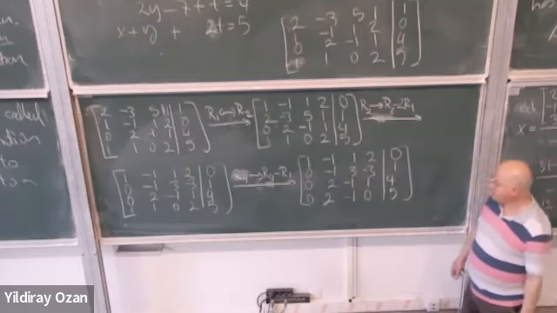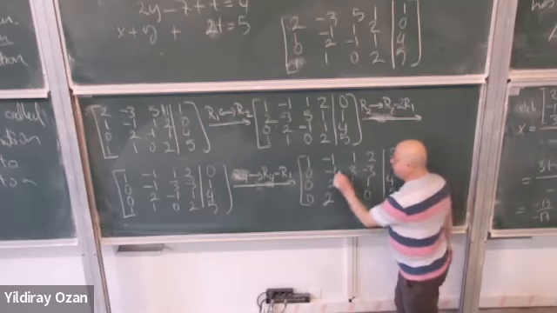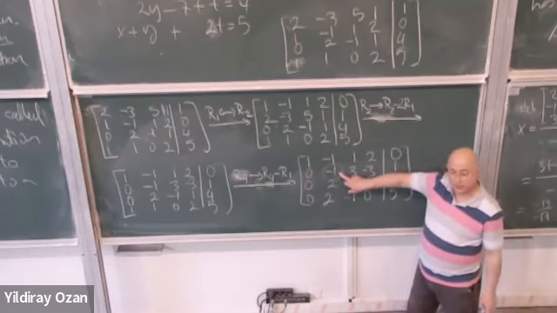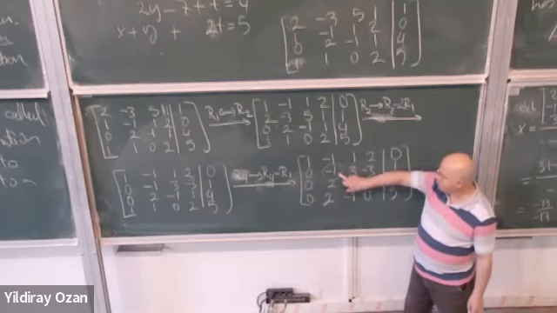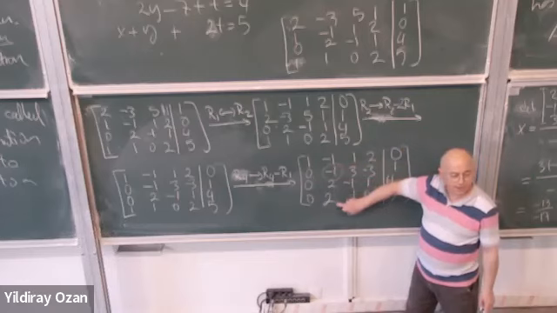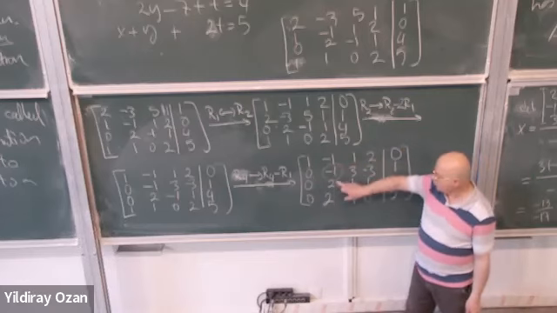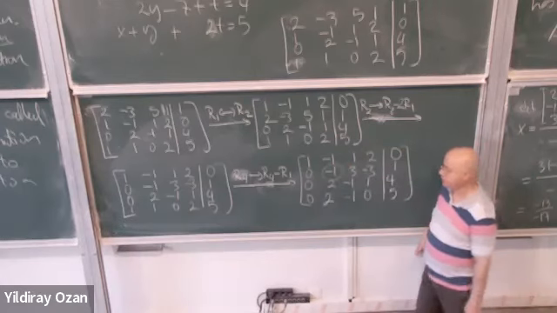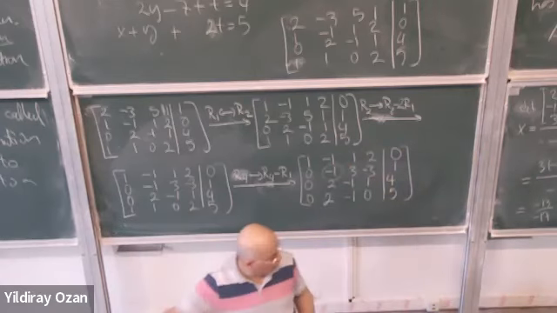How can I do this? Well, I can consider this element, and if I add this one to this one, I can kill this guy, this guy, and this guy. So this will be the only non-zero term here. All others will vanish. So that's what I'm going to do.